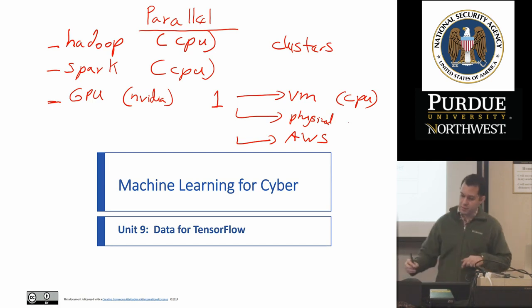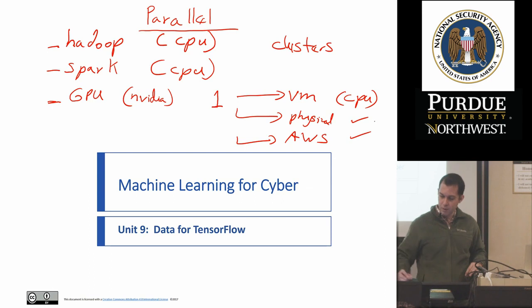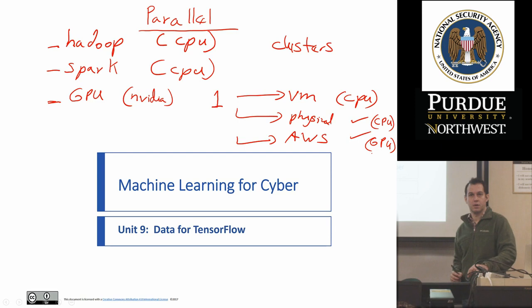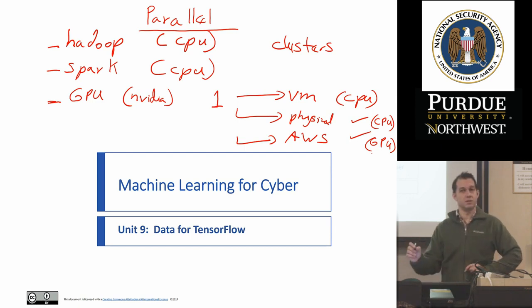So for our purposes, we will take these two. For the physical machine, we will use CPUs, but then for the virtualized, we will be able to log in to GPU machines. All right, so does this make sense? Are there any questions? Make sense?